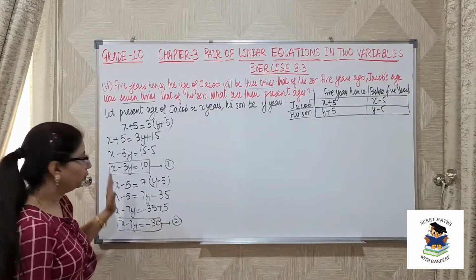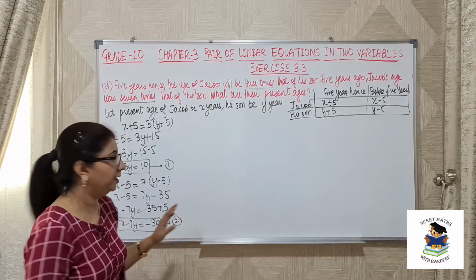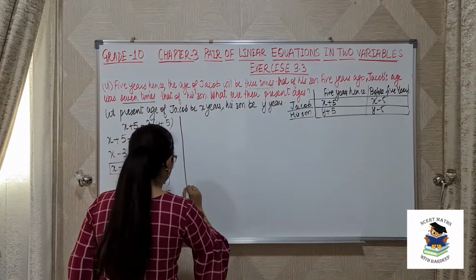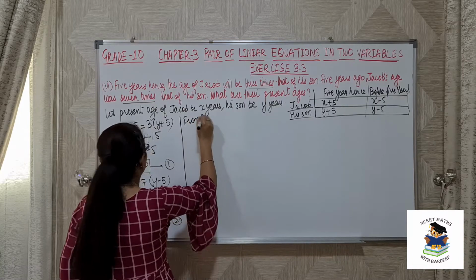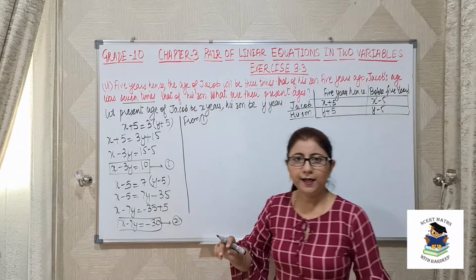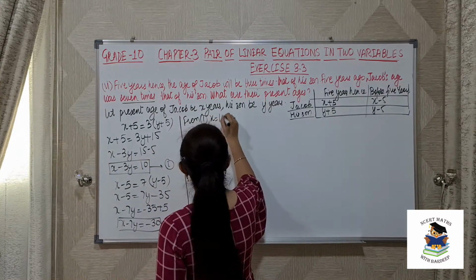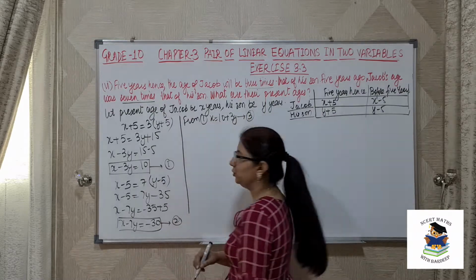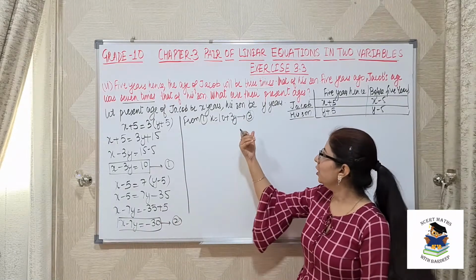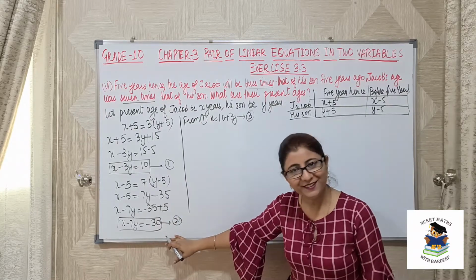So the x variable doesn't have any coefficient, so we can take the value of x from any one equation. So let's see, from 1, x minus 3y is equal to 10. So what is the value of x? This is 10 plus 3y, and let this be equation 3. So now put this in the other equation, equation number 2.